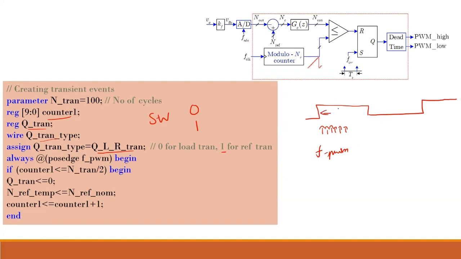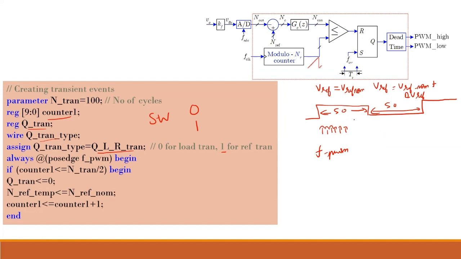For 50 cycles, it will be 1, and my V reference will be my V ref nominal. For the next 50, my V reference is equal to V ref nominal plus delta V ref.